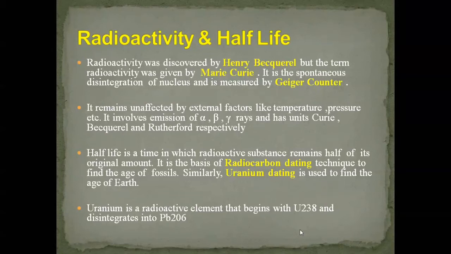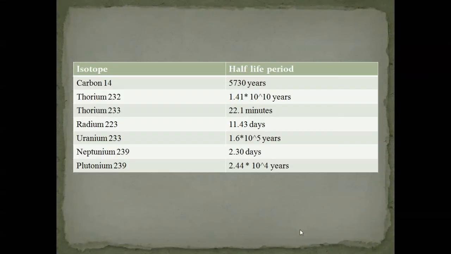Similarly, to find the age of the Earth, uranium dating is used. Uranium is a radioactive element that begins as uranium 238 and after disintegration converts to Pb206. Now, these are the half-life periods of some isotopes.